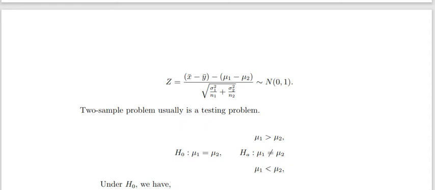Then HA is that there is a difference, right? More specifically, the difference could be larger than, less than, or simply not equal. Not equal means there is a difference, right?